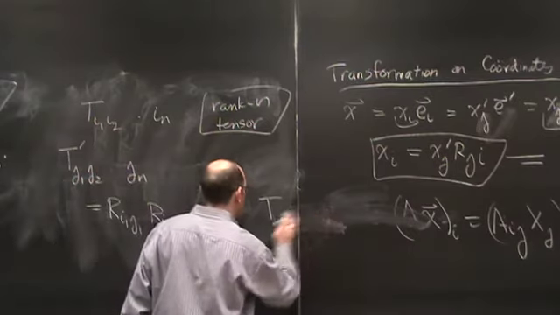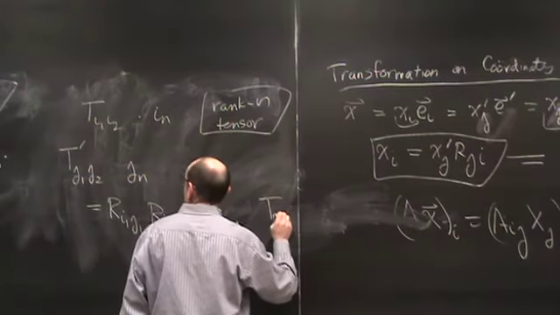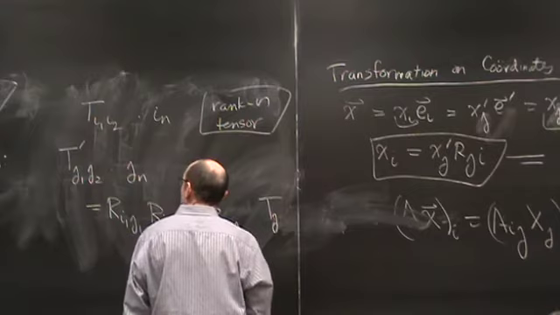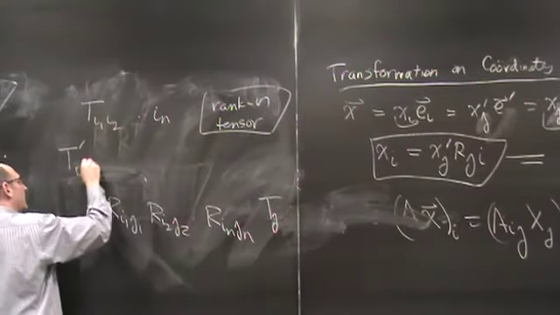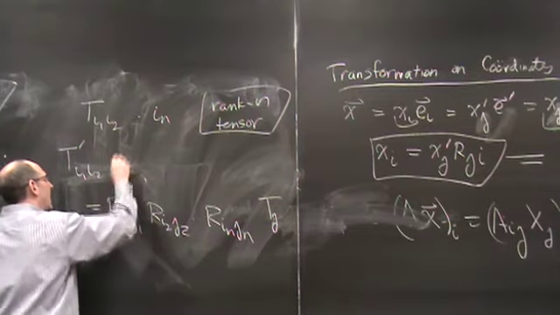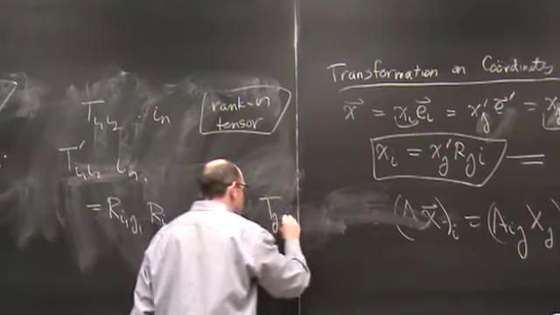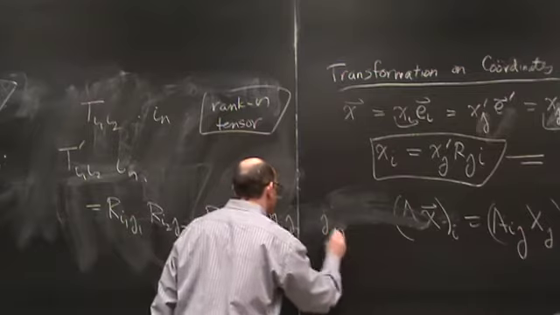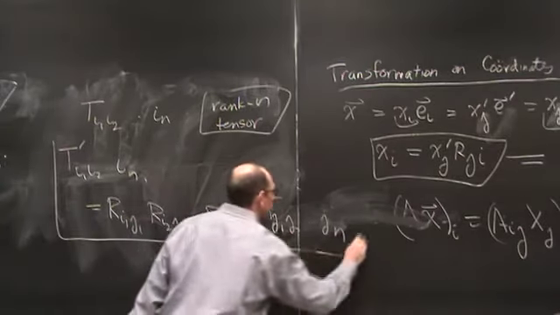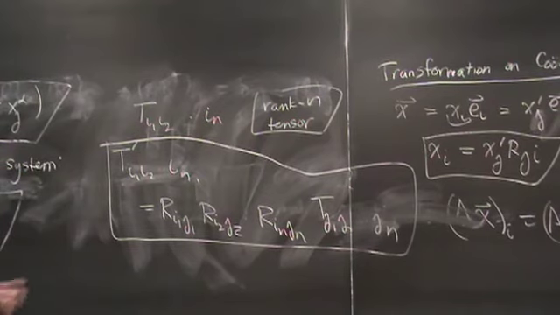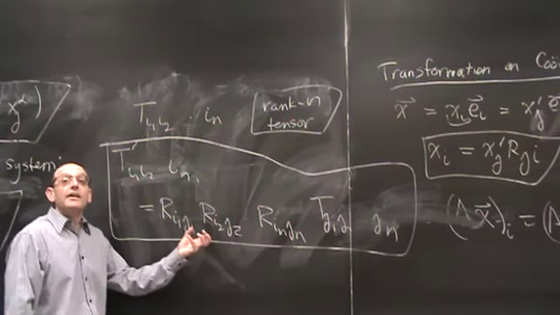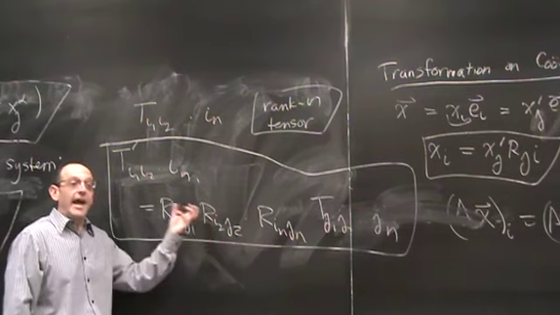An object which transforms this way is known as a rank n tensor.